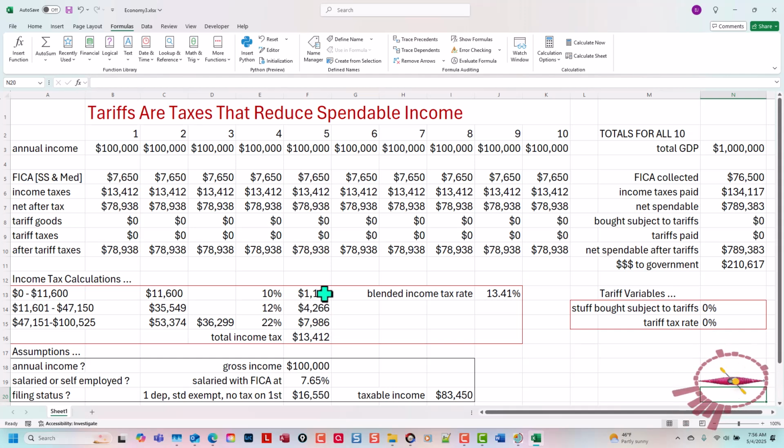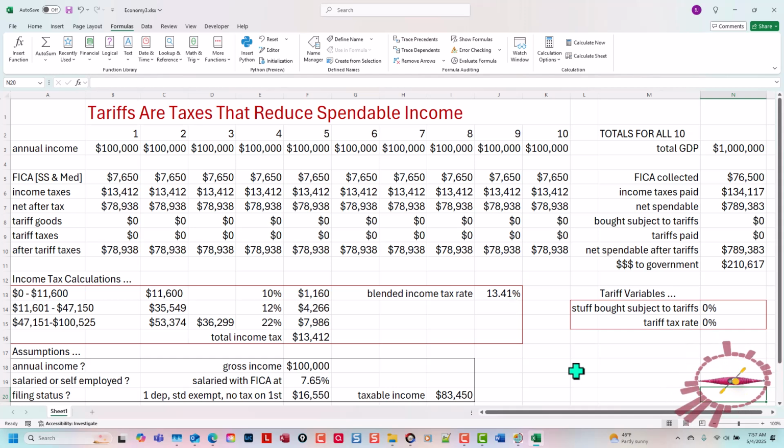If you add these three up, total income tax on this $100,000 salaried earner would be $13,412. Based on the $100,000 income, that gives you a blended tax rate of 13.41%.